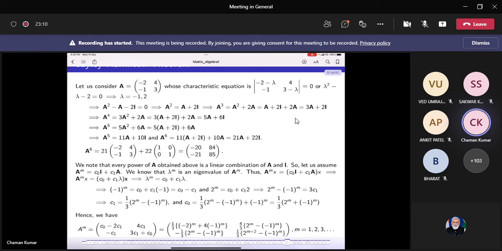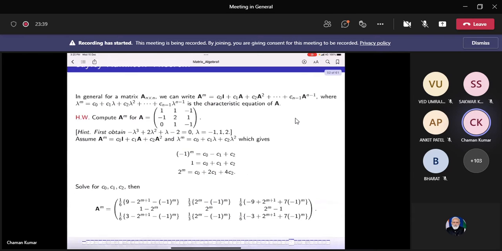For 2 by 2 order, calculating A raised to 6 is not a complicated task. But if the size of the matrix is big, then it may be helpful to use the Cayley-Hamilton theorem to find A raised to 6. Okay, so we have demonstrated this with the help of a 2 by 2 matrix. Is this fine? Any question here?